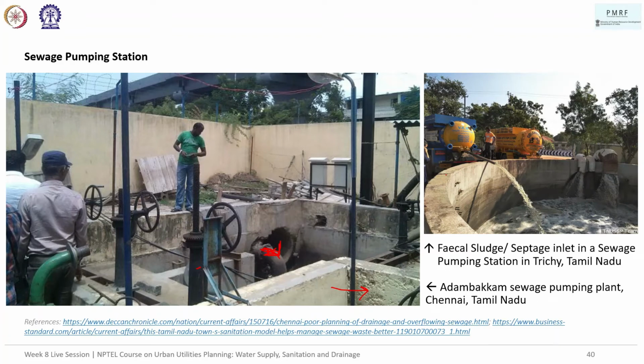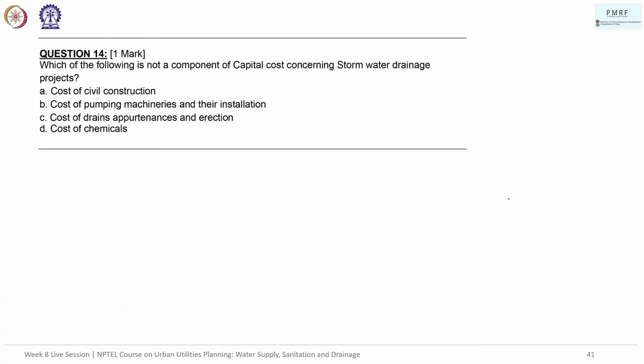It also helps dilute the fecal sludge, which has a slightly different composition, right? Because of the quantity of sewage that is going in, this might end up diluting the composition of the fecal sludge as well. So it has multiple advantages, right?